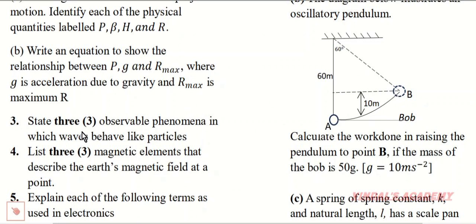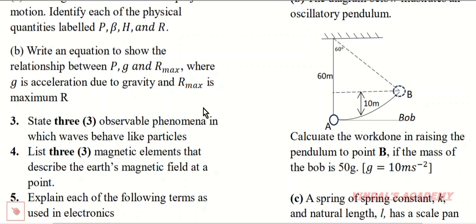Okay, so let's go back to number 3. Number 3 says state 3 observable phenomena in which wave behave like particle. Wave behave like particle. Do we have, or simply say that, matter?